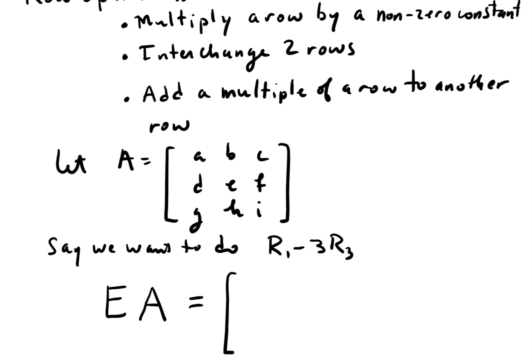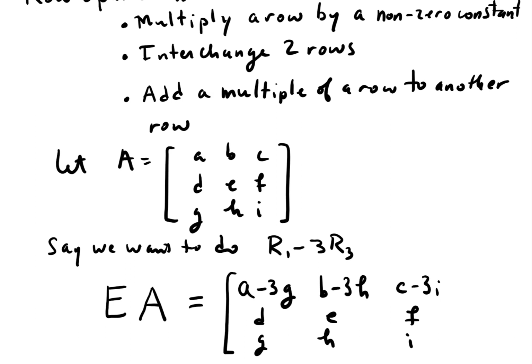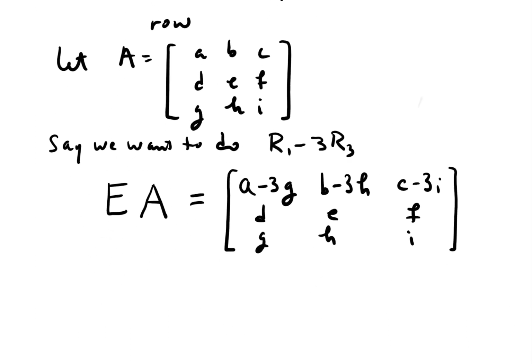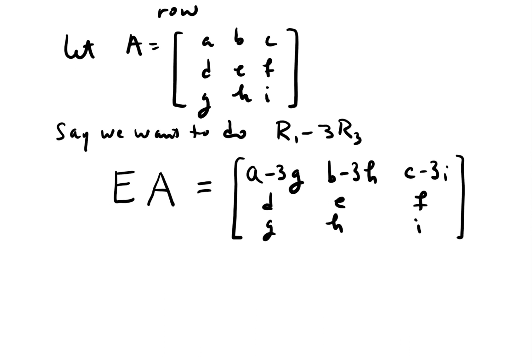Well, I want to replace A by A minus 3G, B by B minus 3H, and C by C minus 3I. The other rows remain unchanged. So the question is, what matrix will allow me to do this? And of course it has to work independently of what the entries of A are.